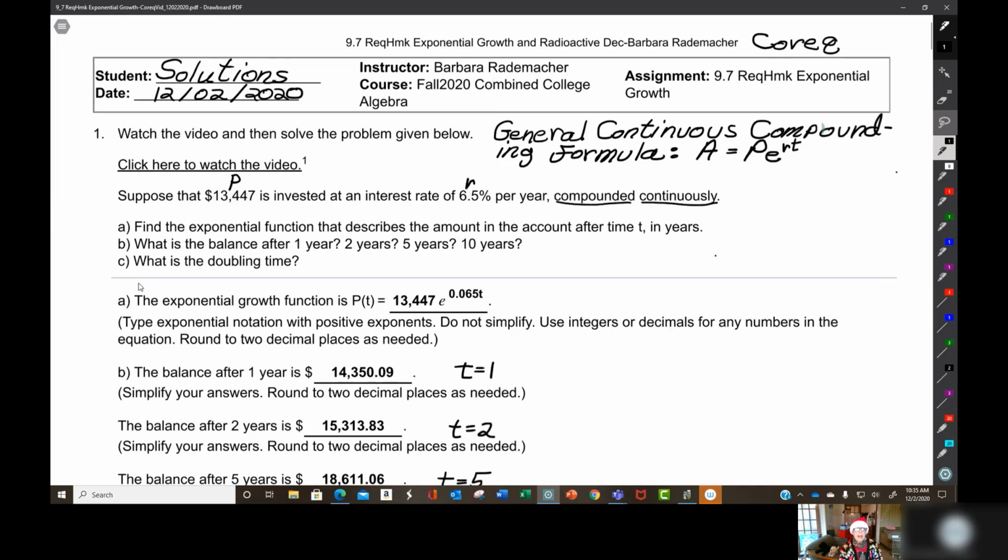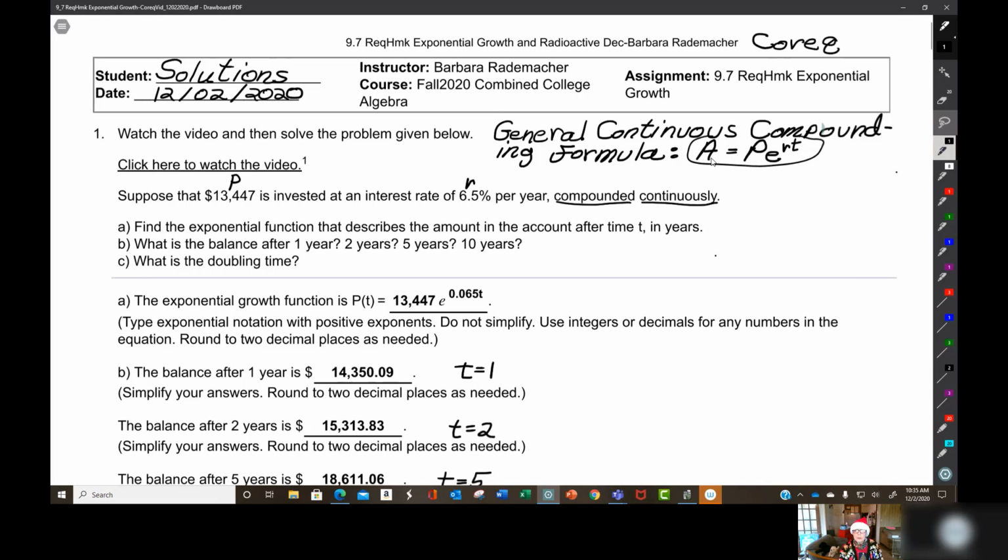And the first thing that we have to do is read the problem, okay? Suppose that $13,447 is invested at an interest rate of 6.5% per year, compounded continuously, which means we're going to use this formula, or a formula taken from that formula.